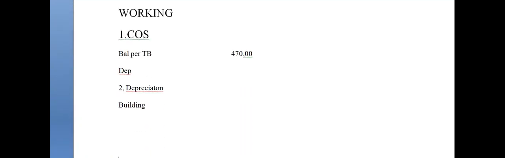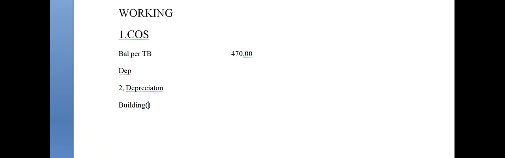So we have the building. We're told that the land and building total is how much? The land and building total is 251,500.